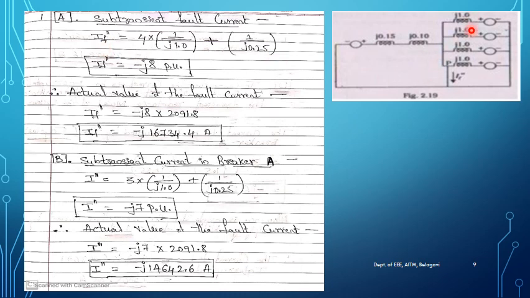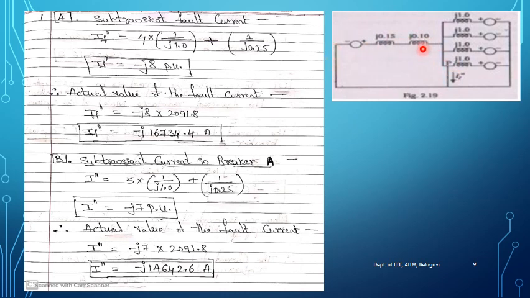We have four motors connected in parallel. Each reactance is 1 per unit, right? According to the parallel rule, 1 divided by each of the reactances, so there are 4 reactances, 4 into 1 divided by 1 per unit, plus this combination, which will be parallel with this entire combination.